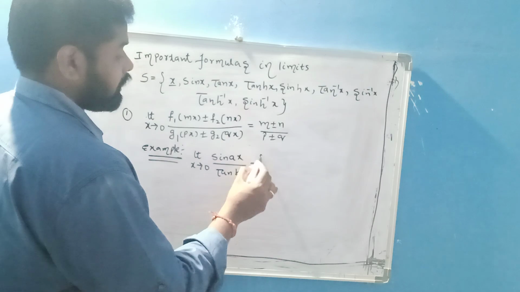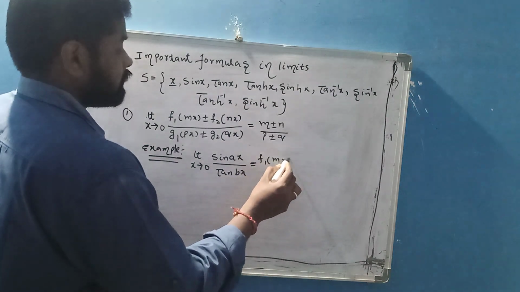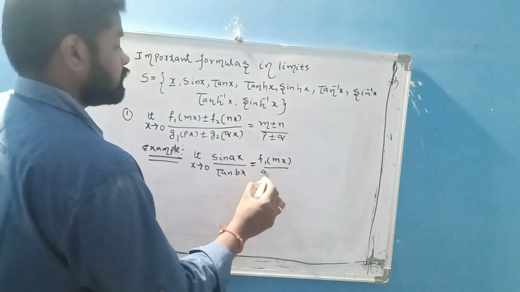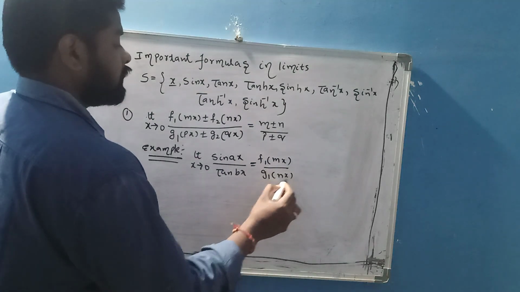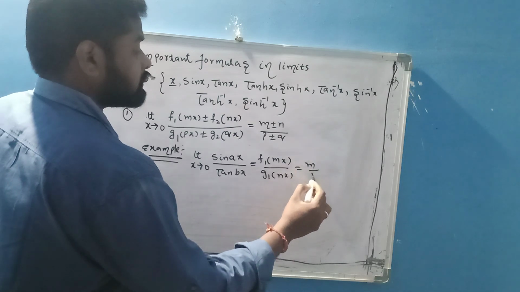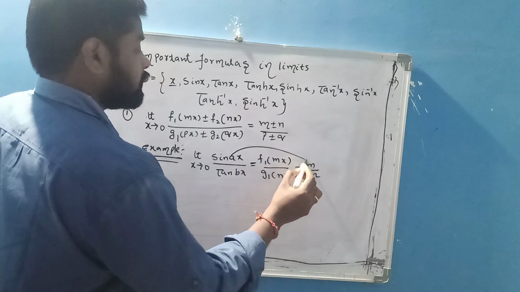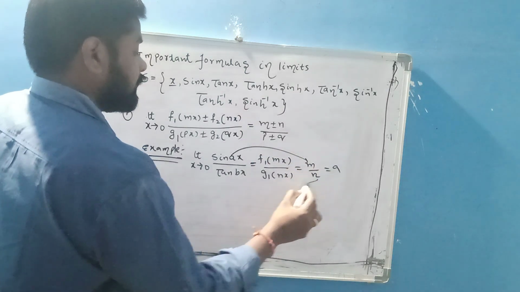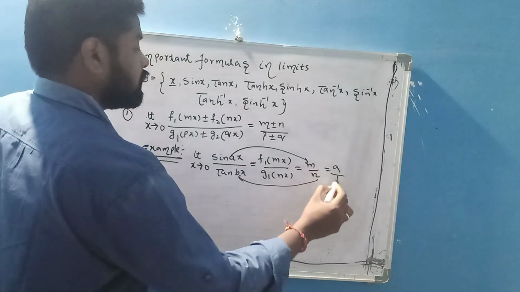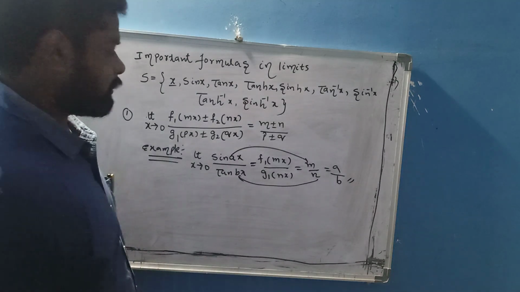Here it is f1 of x and g1 of x. What is the formula? Like this, m by n, only coefficients. M is equal to a and n is equal to b. So the answer is a by b. Simple, the answer is a by b.